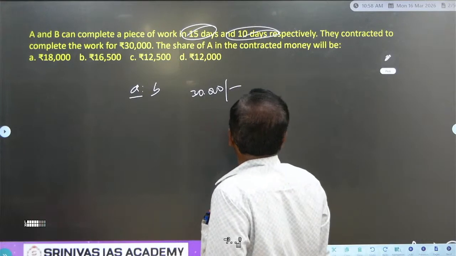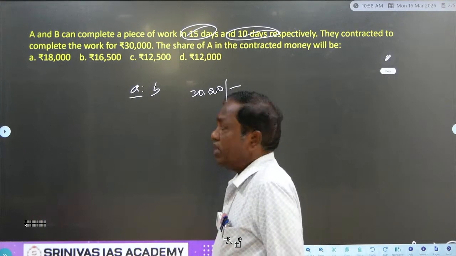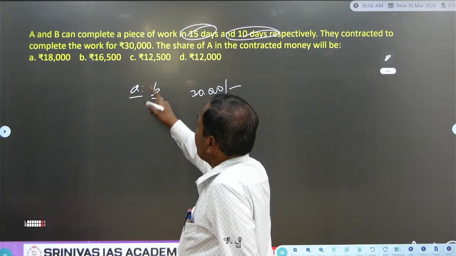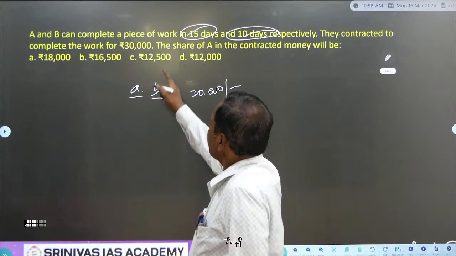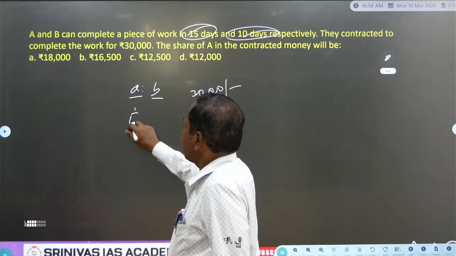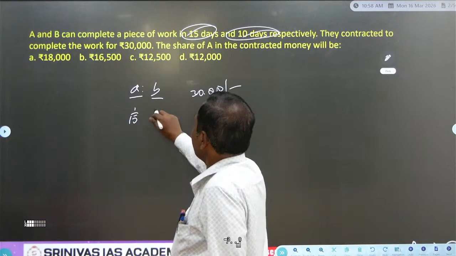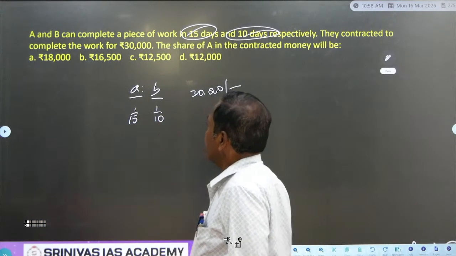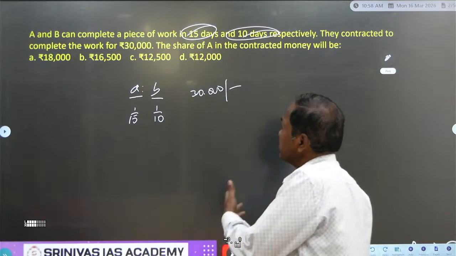Let us see. 1 day work of A is 1/15. 1 day work of B is 1/10.